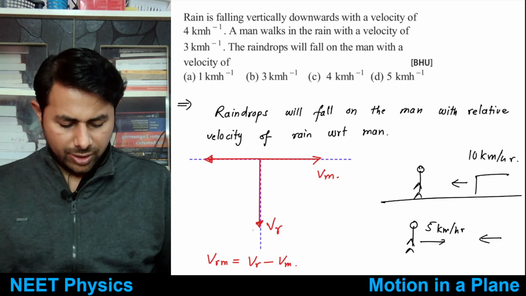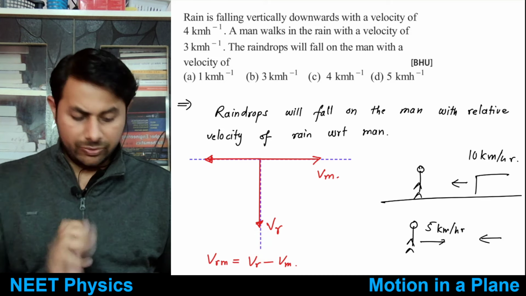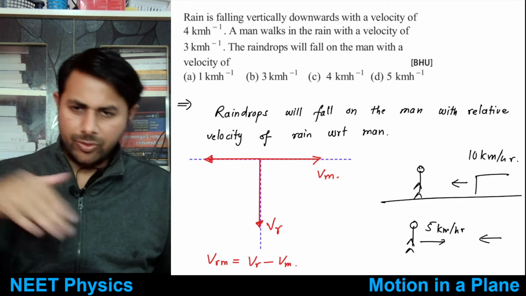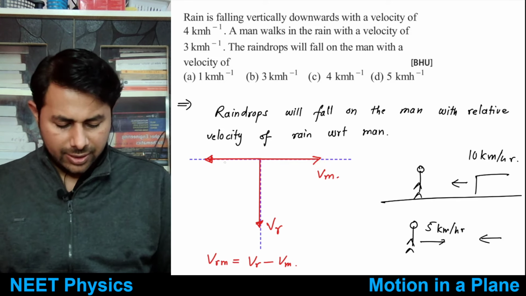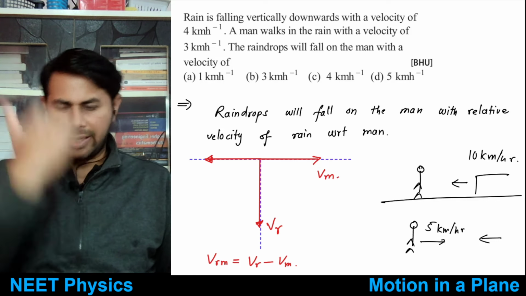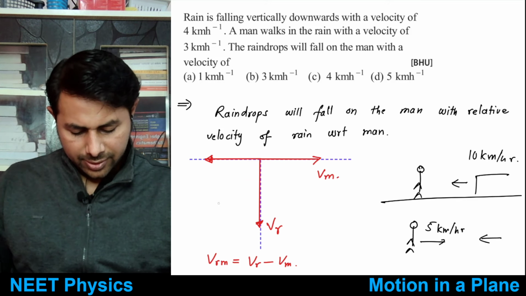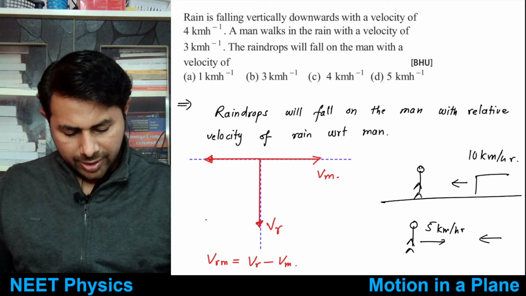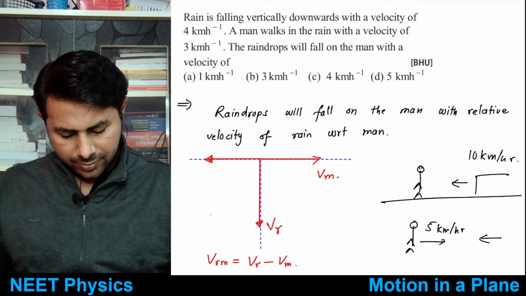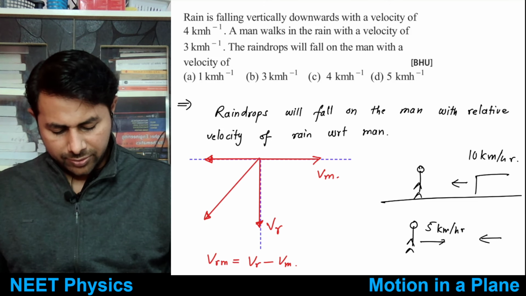Now if you are steady, you will see that the rain is falling vertically downwards. But now if you are moving in this direction, let's say in forward direction, then you will feel that the rain is falling like this. Rain is coming towards you at some angle. You can find out that angle, right? So this will be the resultant velocity, or you can say effective velocity of rain for you.